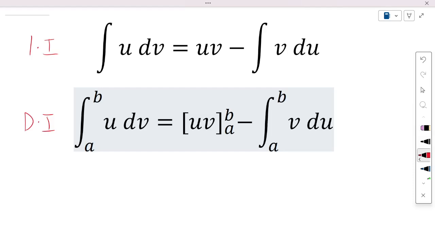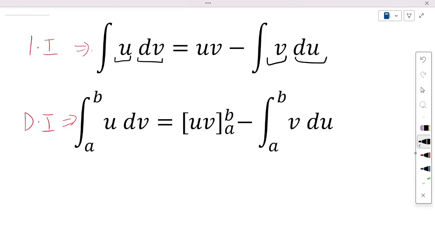With both indefinite and definite integrals, what we are mainly going to focus on is the substitution, and finding out what is u, what is dv, what is v, and what is du.